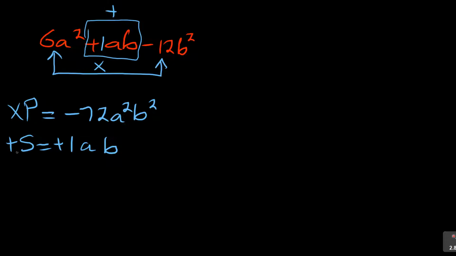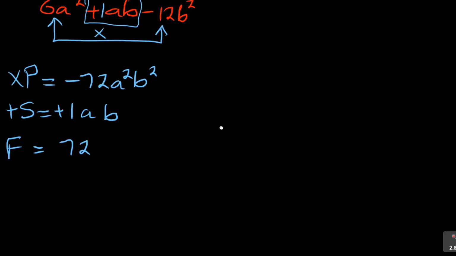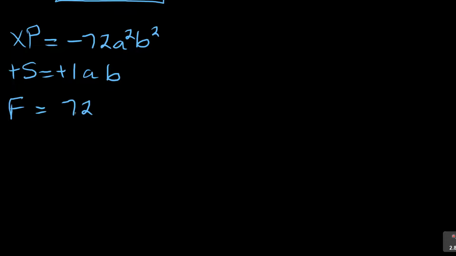When you have done that, the product and the sum, you look for the factors, but you're looking for the factors of 72. So how do you find the factors of 72? First one is 72 times 1.